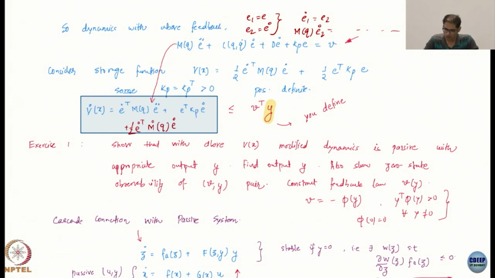Now once I have this structure, and I know this is a very nice structure, even for you it should be evident. Why? First of all, M is positive definite. Always the term on the highest derivative should be positive definite, symmetric. Think about the Routh criteria. It's all generalization of that, because it's almost a linear looking system, not very nonlinear actually.